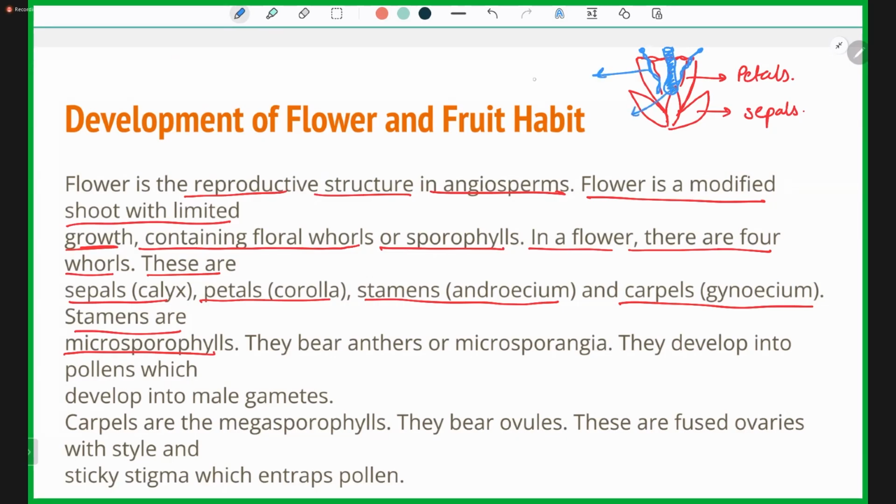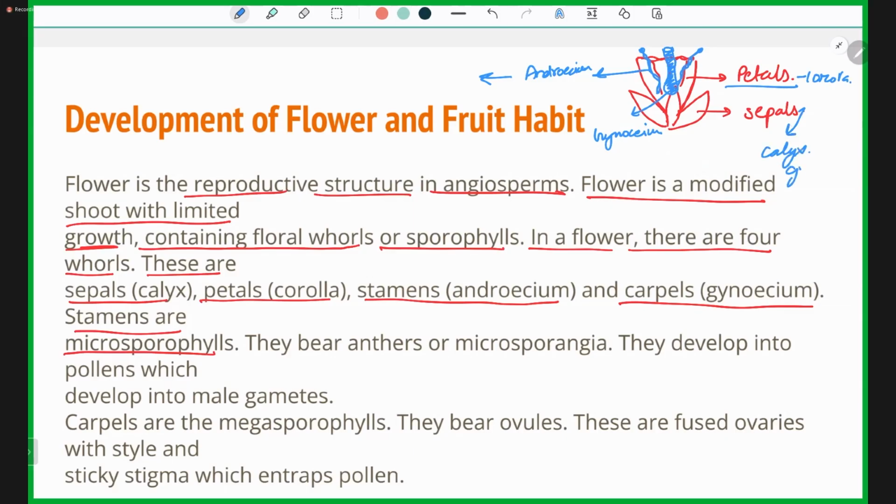So this is androecium and gynoecium. The androecium will give rise to microspores, and the gynoecium will give rise to megaspores. Now, the collection of petals is termed as corolla, and the collection of sepals is termed as calyx.